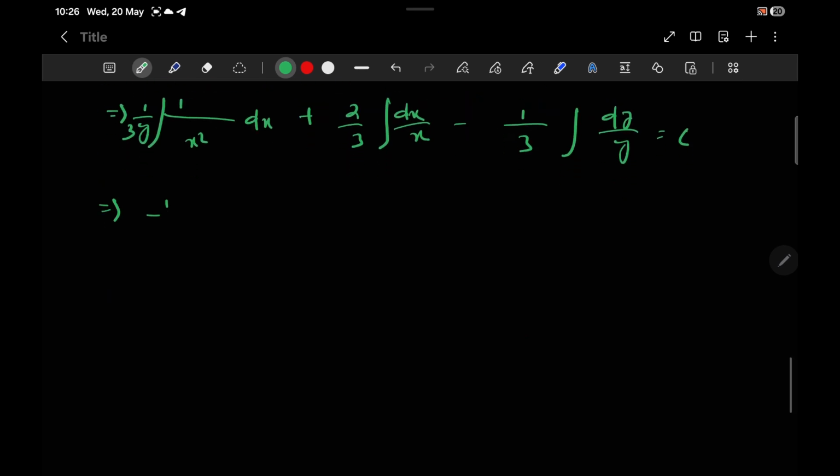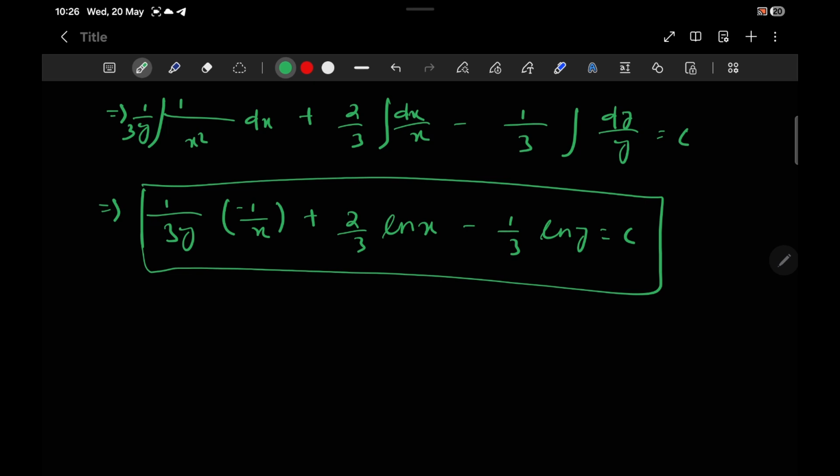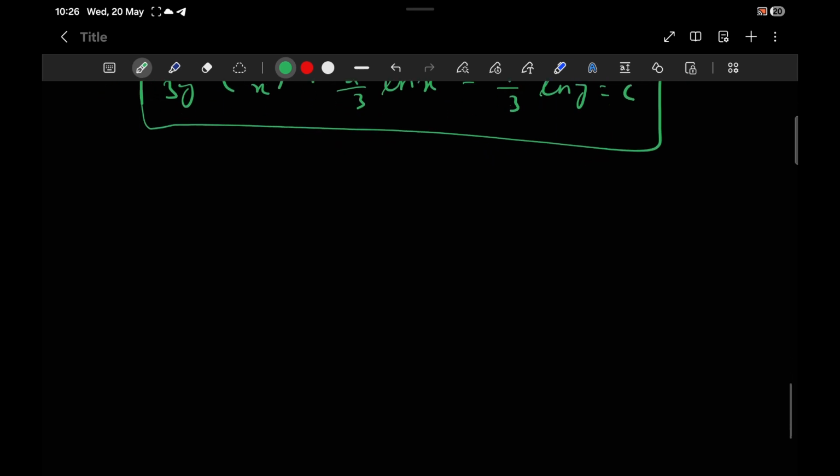That is (1/(3y))(-1/x) + (2/3) ln x - (1/3) ln y = c. So this is the final answer we get after solving the differential equation. Now we will move forward to rule 4.